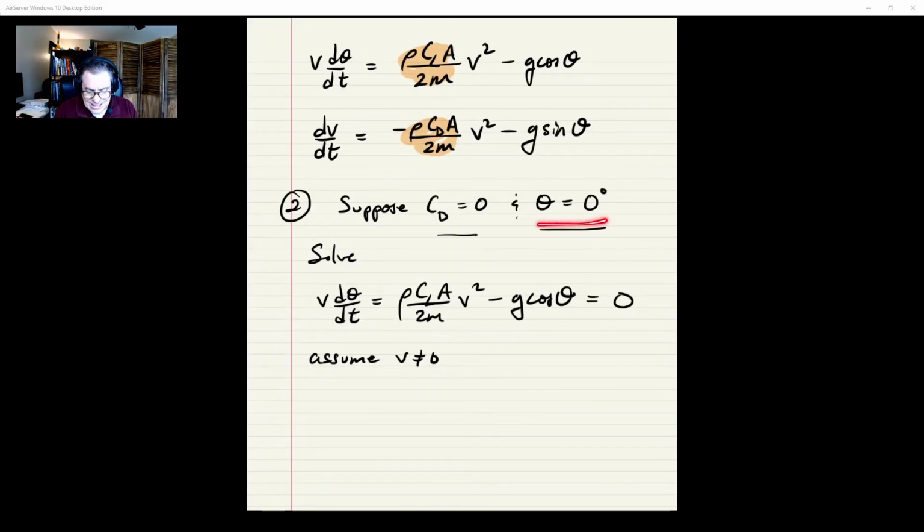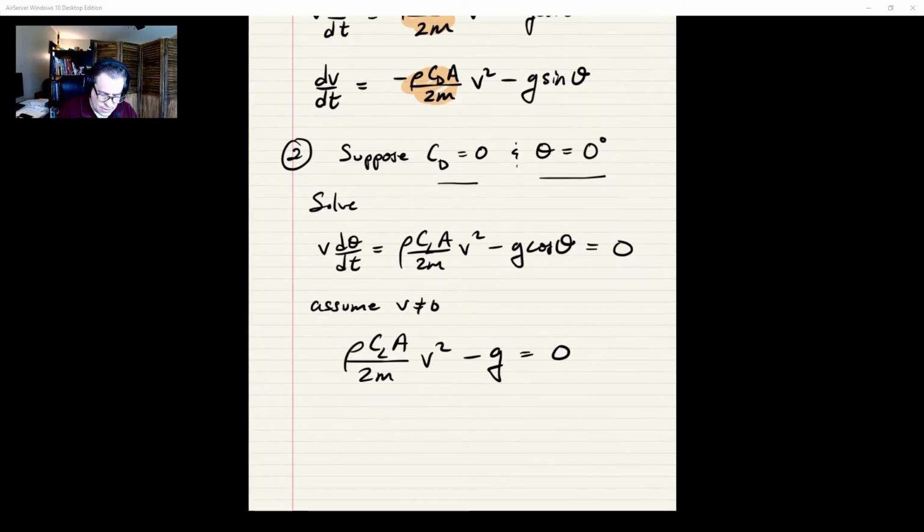Well, if the angle is 0, the cosine of 0 is 1, so that just gives me an equation that looks like this. Air density, coefficient of lift, area divided by 2 times the mass, v squared, minus g times the cosine of 0, which is 1, equal to 0. And let's solve for what that velocity would be.